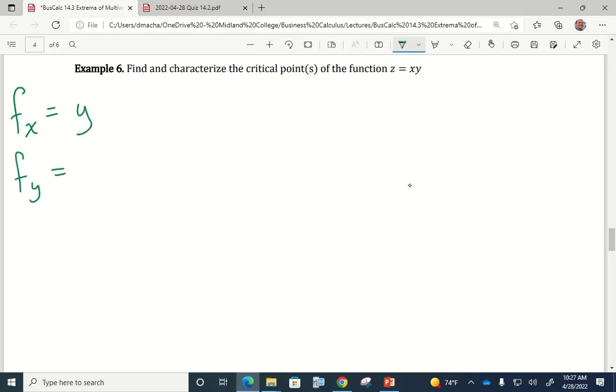The first derivative with respect to y, pretending that x is a constant, gives me x. The second derivative with respect to x would be 0, because I pretend y is a constant. The second derivative with respect to y, pretending x is a constant, would give me 0. But my mixed partial, either way I look at it, is the number 1.